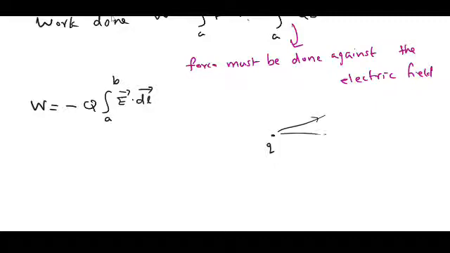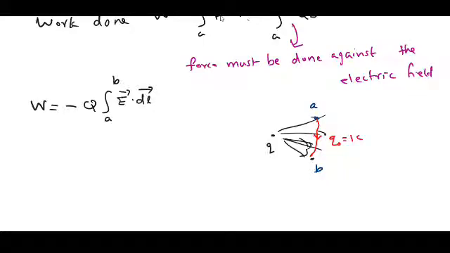In that electric field I consider 2 points, one point here and another point here. This is point A and this is point B. Then I am bringing a charge from A to B. That charge is a test charge. Let us say Q0 is equal to 1 Coulomb.